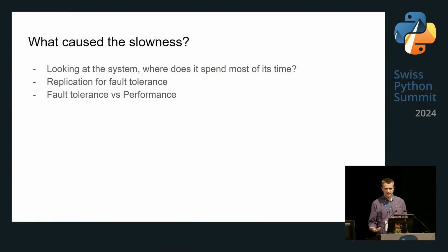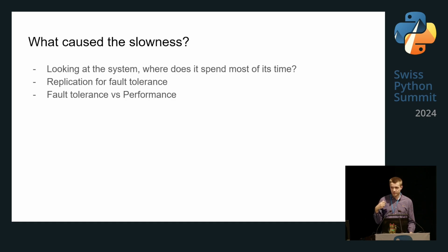One of the first things that they looked at was diagnosing the problem and asking what was actually causing the slowness. Looking at the system, what does it spend most of its time doing? What it was spending most of its time doing was writing the intermediate data in a calculation to disk, so to stable storage.